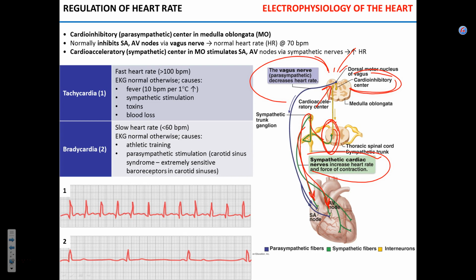It's a part of parasympathetic nervous system, while cardioacceleratory center is the part of sympathetic. Is that clear? We're going to work more about baroreceptor reflex and regulation of the heart rate and stuff like that.